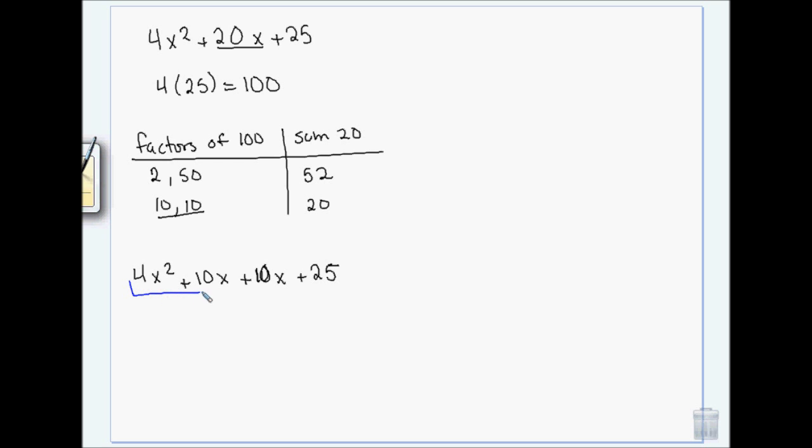From this first set, I can factor out a 2x, and that gives me 2x plus 5. And from this second set, I can factor out a 5, and that gives me 2x plus 5. These match.